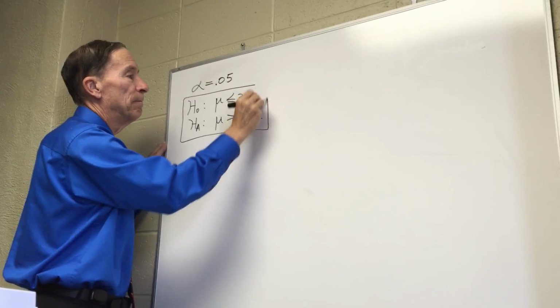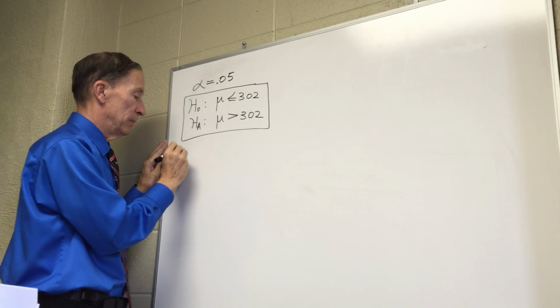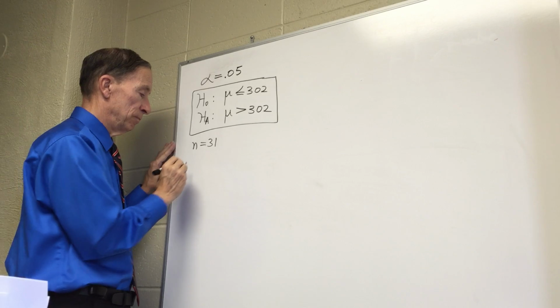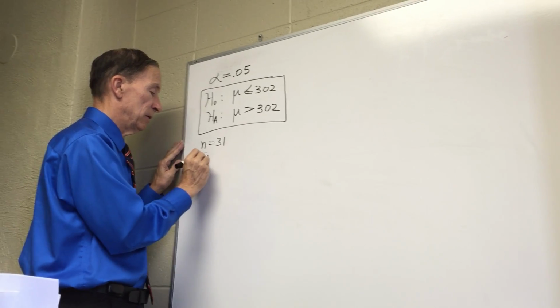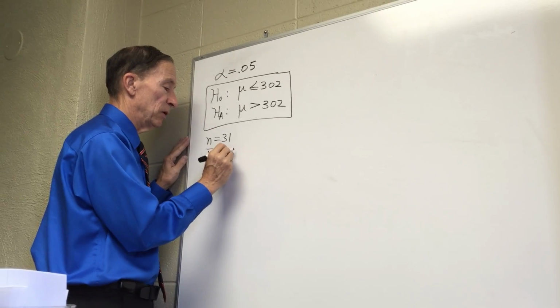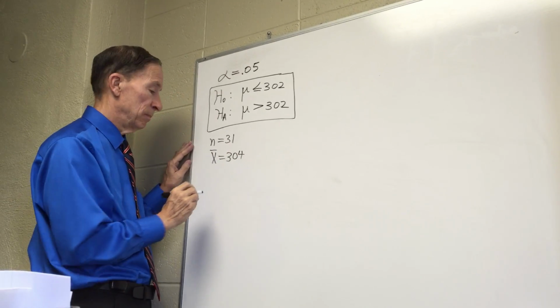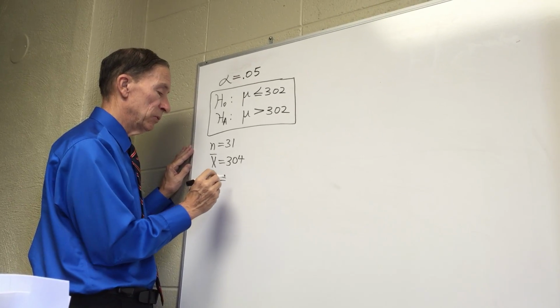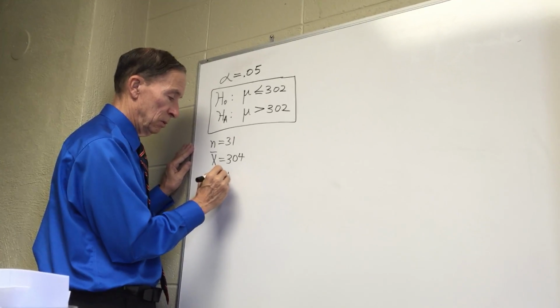For a sample of 31 patients, n equals 31, the mean time x bar the drug stayed in the system was 304 minutes. Assume the population standard deviation sigma is known to be 23.